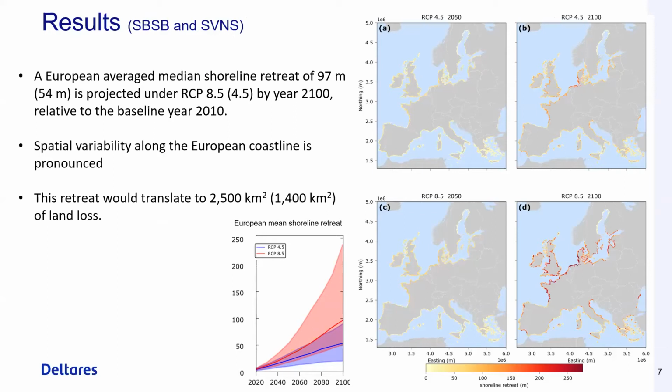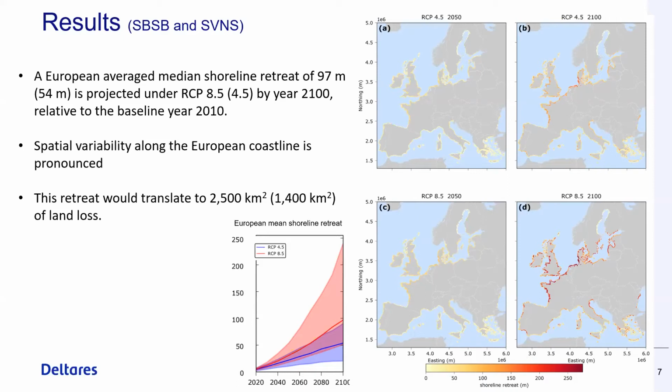So the colors here indicate how much the shoreline will recede vertically, on a transect of its profile along the coastline. As you can see, in the Mediterranean coast, the highest shoreline retreat can be spotted in the Adriatic coast, where the slopes are milder, while in the North Sea, France, we see quite increased shoreline retreat as well.